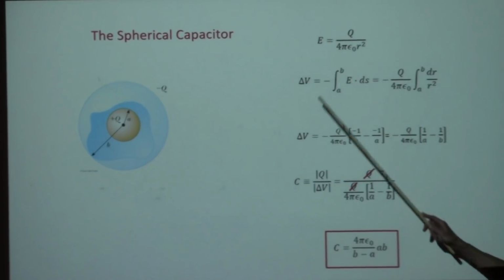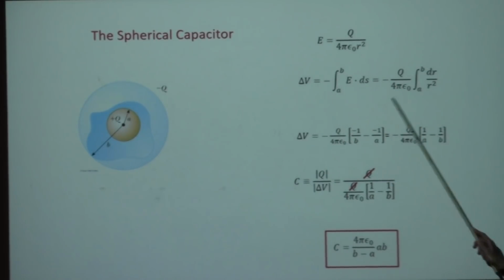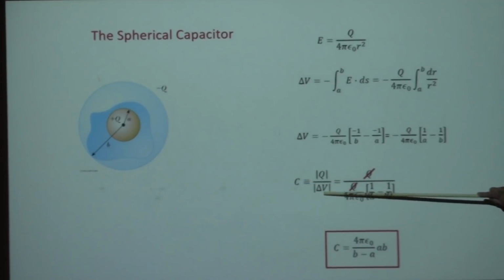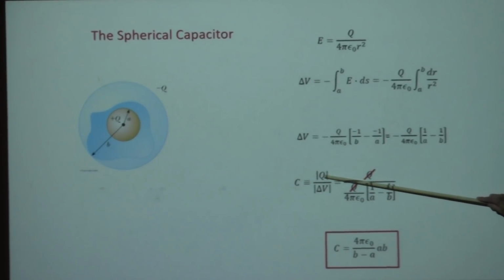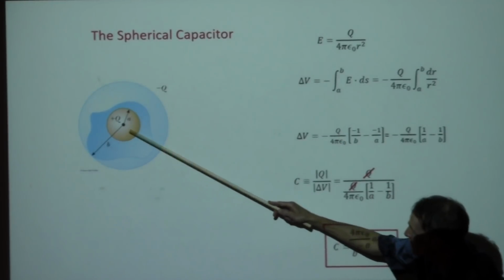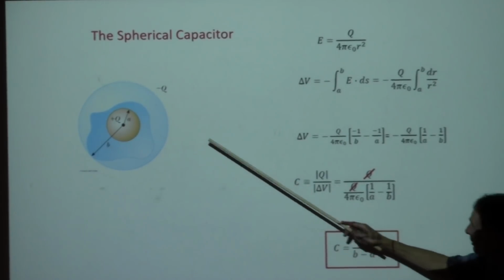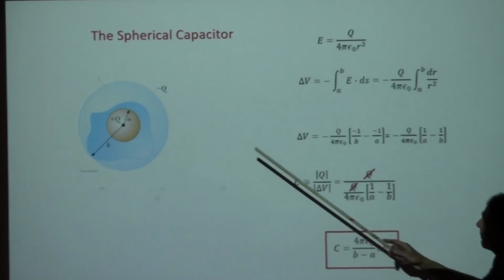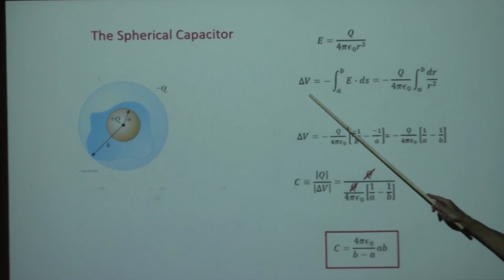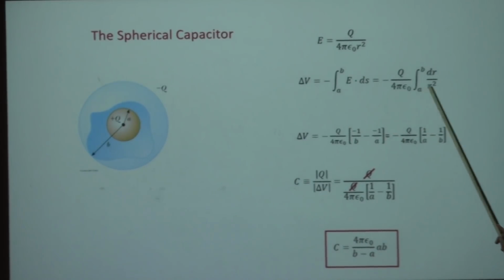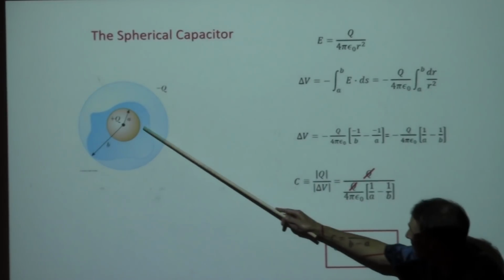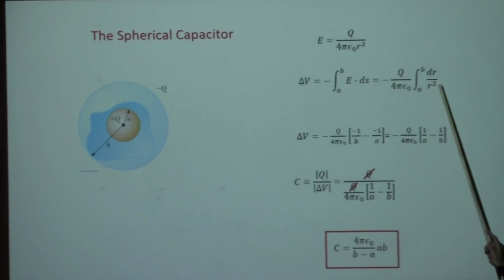We get the electric field inside, we get the difference in potential. Ultimately, what I'm looking for is the definition of capacitance. I put some charge on this thing, a plus charge here, a minus charge here. There sets up an electric field. Once that electric field's set up, I get a change in potential between A and B, between this surface and the outer surface.